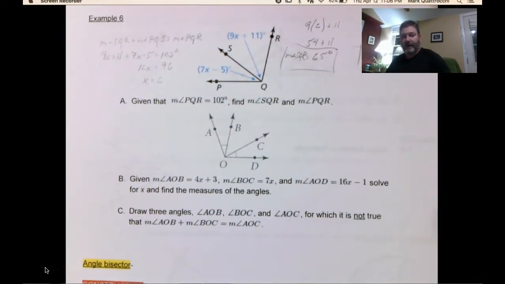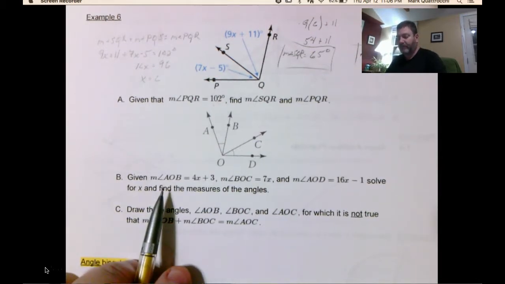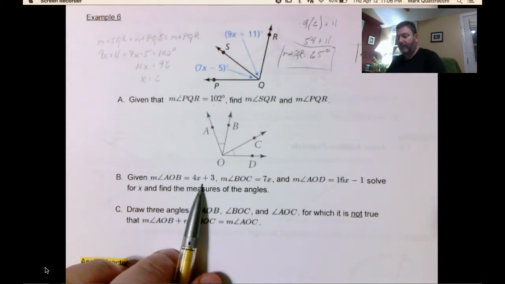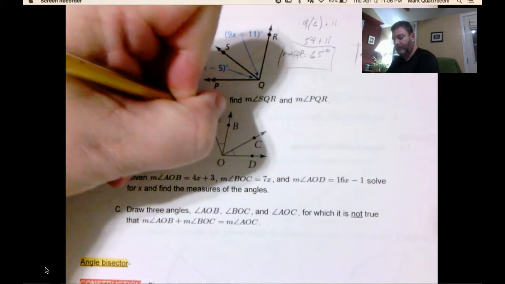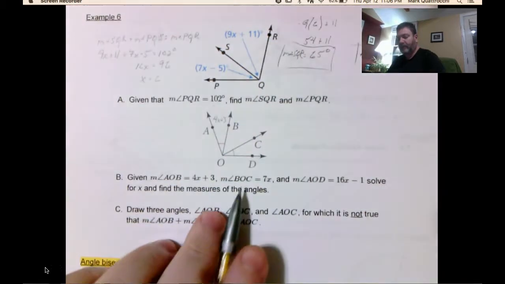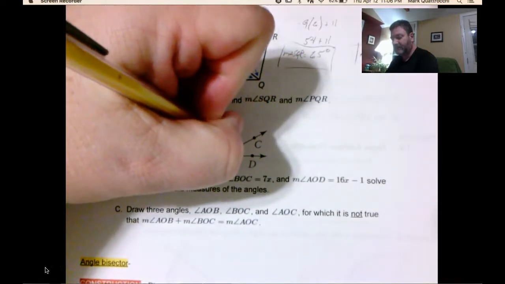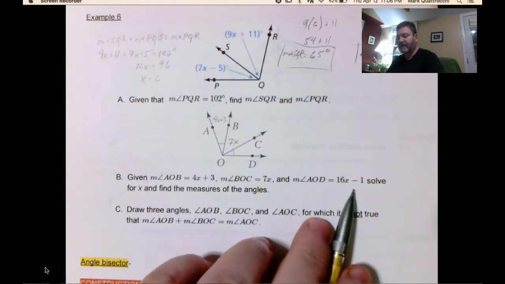Alright, so that's part A. Part B, the picture's here. Measure of angle AOB is 4x plus 3. Measure of angle BOC, 7x. And the measure of angle AOD is 16x minus 1.